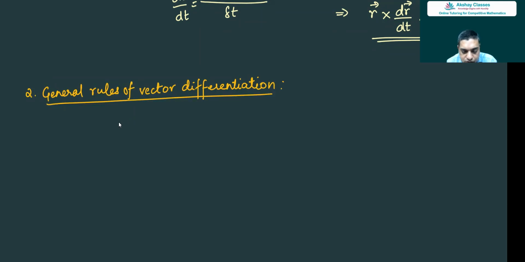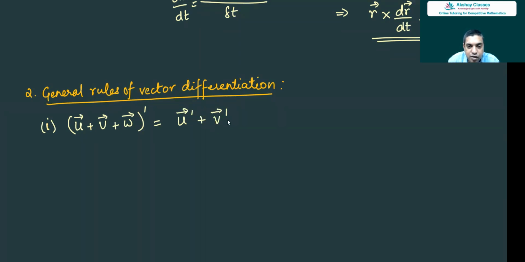So, general rules. If there are three vectors u, v, w, the derivative of the sum is the same as the sum of the individual derivatives.